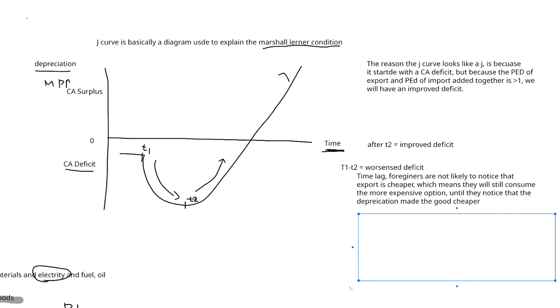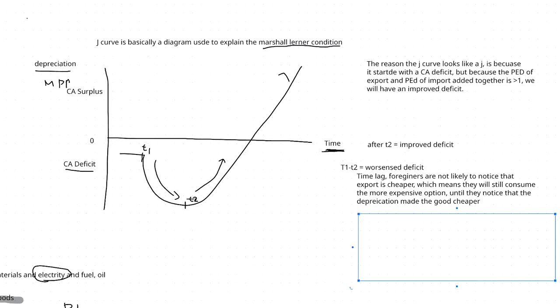Or the producers may have already paid for the imported good, for like 3 months worth of imported goods. So they cannot switch away, right? The producers cannot do the normal way and stop importing. They have to keep importing from T1 to T2.